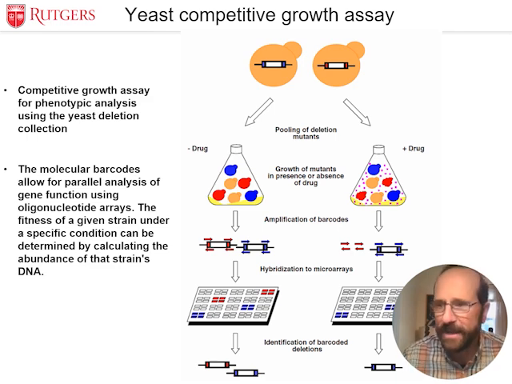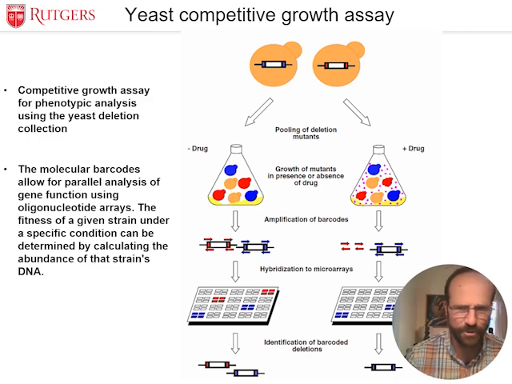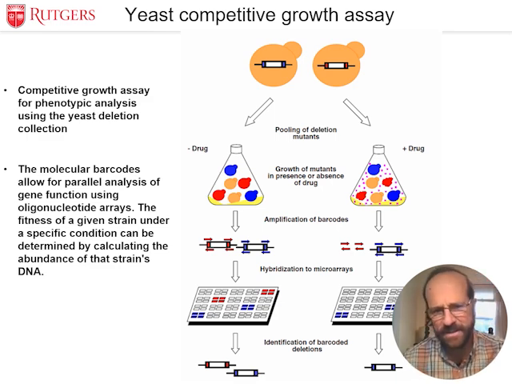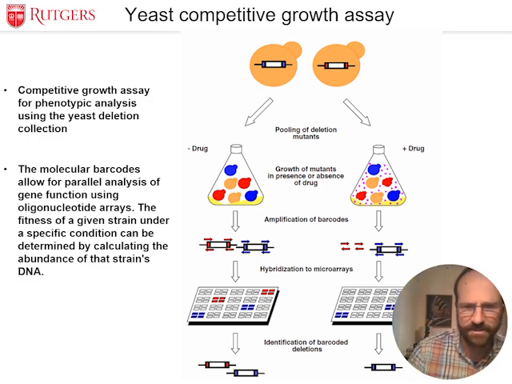Then by analyzing the DNA of the culture after a certain period of time, you can identify how well particular strains do in the presence of minus drug and plus drug. The amount of DNA of that barcode gives you an indication of fitness, and you can do this on a genome-wide scale. It gives you a very rapid method of looking at fitness in the presence of drugs or other conditions, like heat.